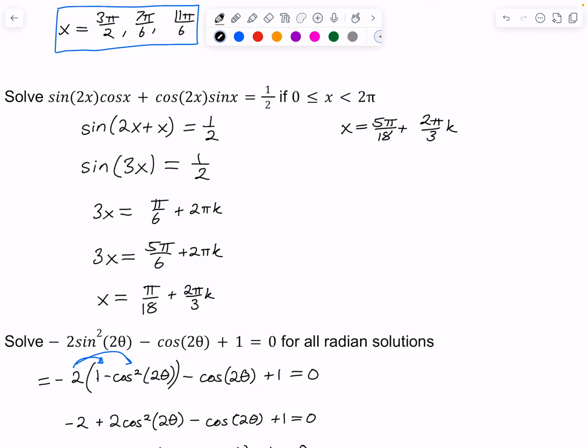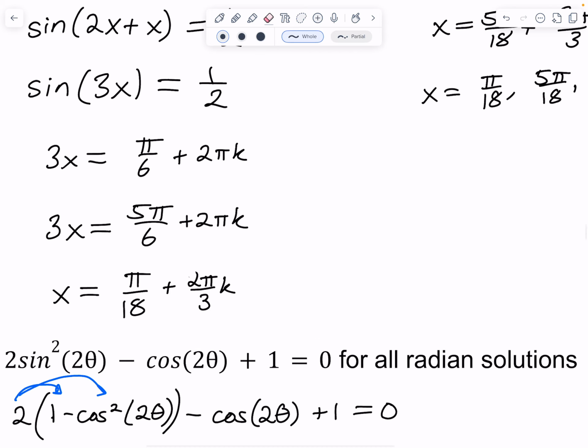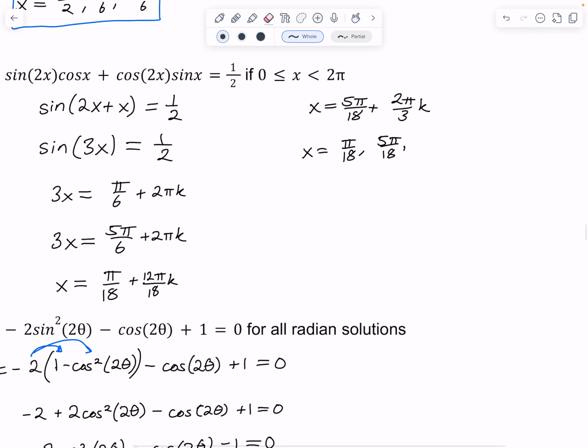And then I just have to plug in different values for k until I'm bigger than 2 pi. So I'm going to start with pi over 18, then 5 pi over 18. That's for k is 0. Then I'm going to plug in k is 1. Well, if k is 1, instead of 2/3, I'm going to make it 12 over 18. So that's also 2/3, but at least I have a common denominator then.